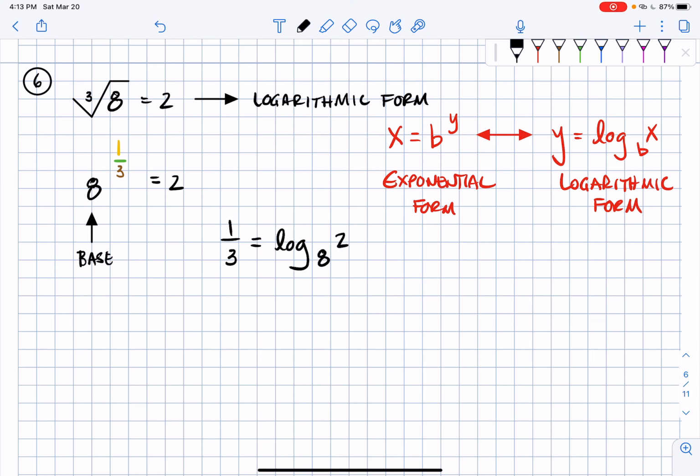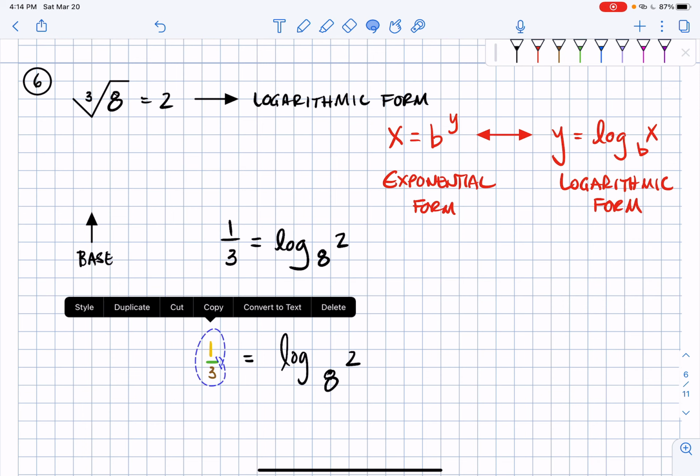Notice what I just did. This base is now, instead of with the 1/3, it comes over with the 2, and then I just do the log. That's all it is. So now this 1/3 becomes a regular 1/3 rather than a power of 1/3.